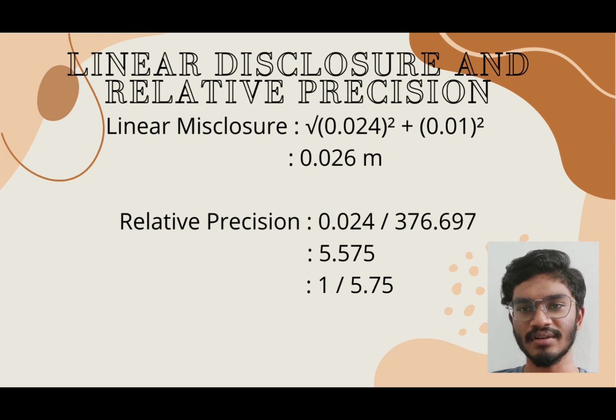And for the relative precision, what I did was 0.024 divided by 376.697, which is the total of direct distance, and I got 5.575, and the actual answer is 1/5.575 for relative precision.